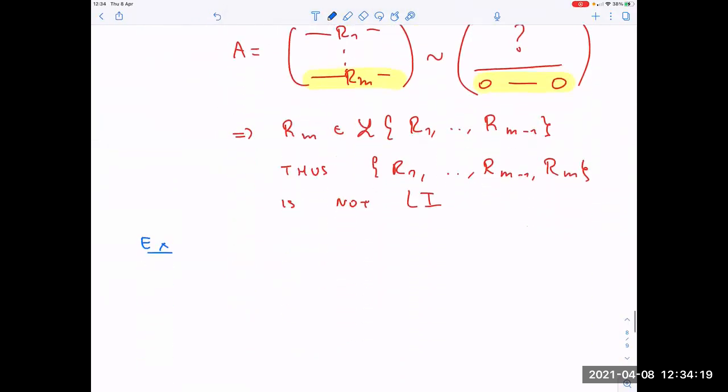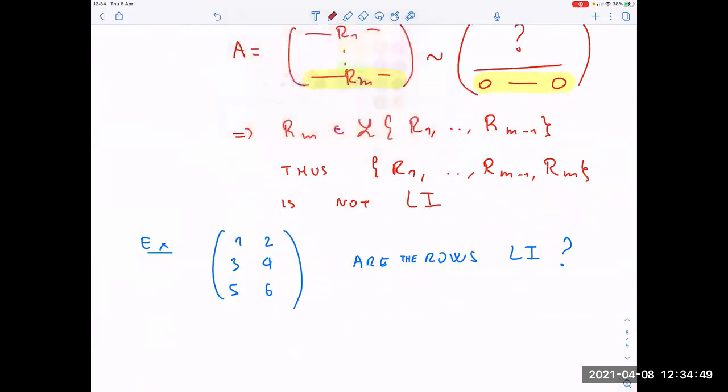So just as an example, if we get a matrix like this, 1, 2, 3, 4, 5, 6, and I ask you, are the rows linearly independent? What would you say? Yes or no? Are they linearly independent or not?